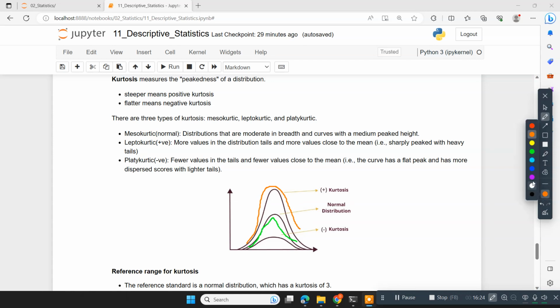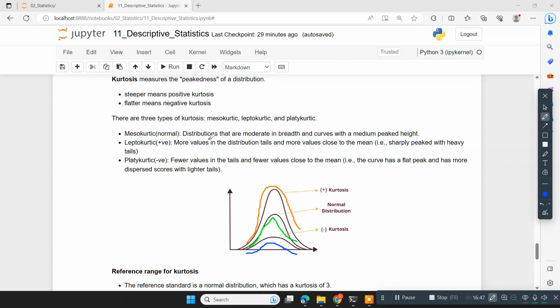And negative kurtosis means this one. This is how the data is distributed. Based on this, normal is the green color, positive is the orange color, and negative is the blue color. So what is happening here?